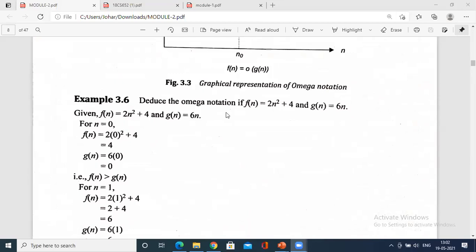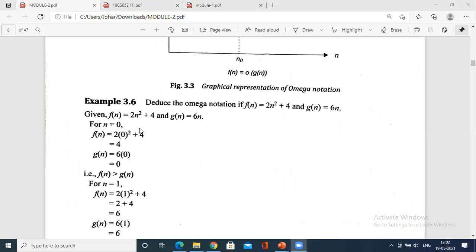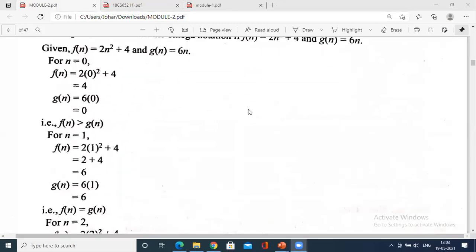Now let us deduce the omega notation. f of n equals 2n square plus 4, g of n equals 6n. This is given. As per the equations, omega is a lower bound. So what do you do for omega? f of n equals 2n square, g of n equals 6n. Will all of you analyze this? I'll give 2 minutes. Just analyze this problem. I'll explain once you analyze. I have displayed the program.